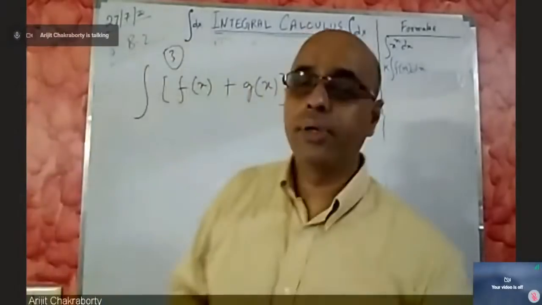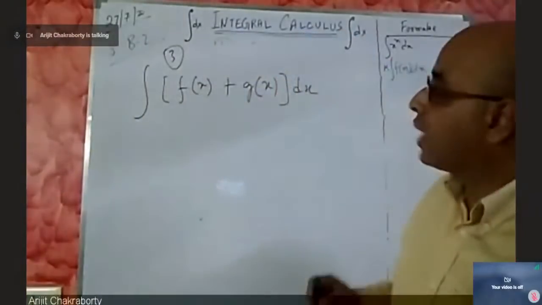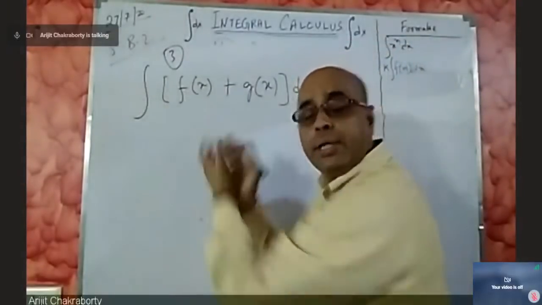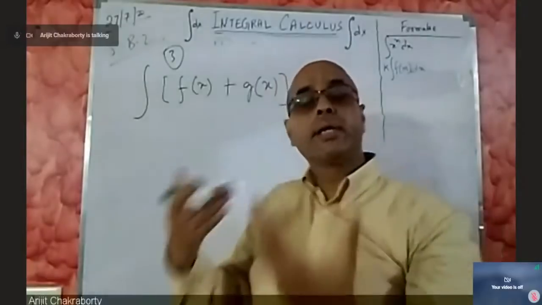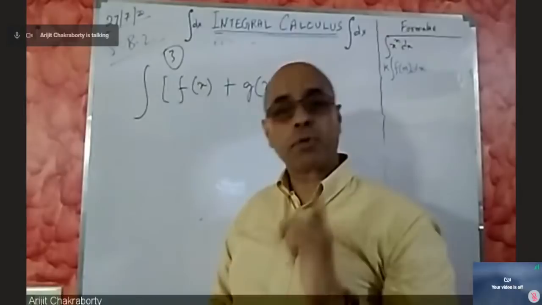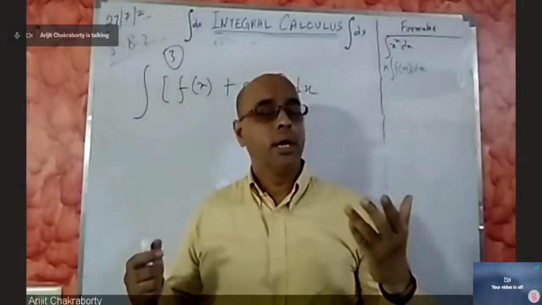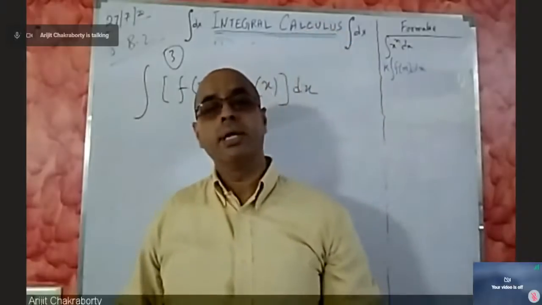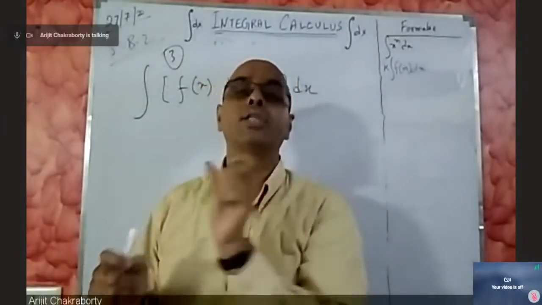So now the addition rule says that in case where two functions are added together and you have to find the integration, the process is very simple. It is the same as we did in case of differential calculus. Here you add it separately.